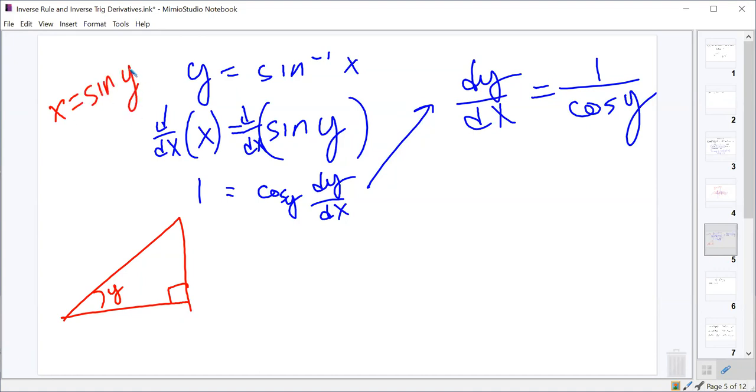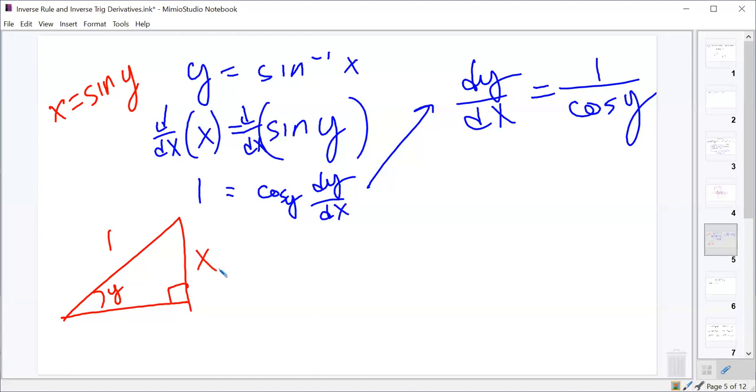And if x is the sine of y, what can I label on this right triangle? Can I label an adjacent side, an opposite side, a hypotenuse, if the sine of y is equal to x? The hypotenuse is 1, so the height of the triangle is sine of y, which is x, right?